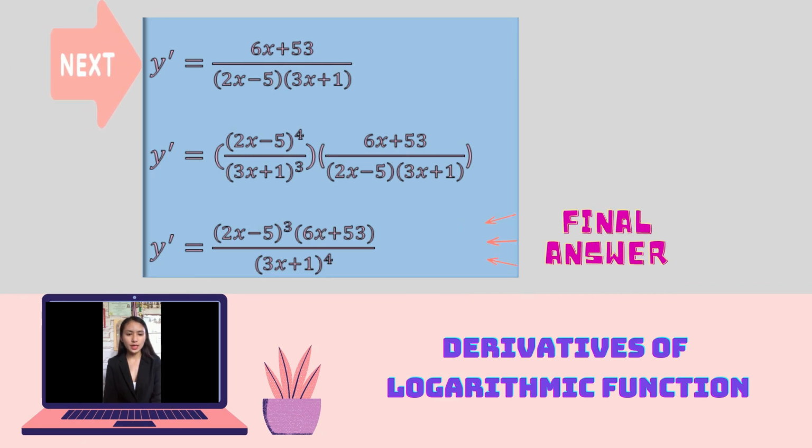So the next step is we will go back to the original equation, where y equals 2x minus 5 raised to 4 over 3x plus 1 raised to 3, and we will multiply it by 6x plus 53 over 2x minus 5, 3x plus 1. So our final answer is y prime equals 2x minus 5 raised to 3, 6x plus 53 as numerator, and 3x plus 1 raised to 4 as denominator.